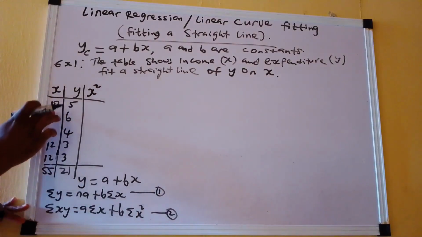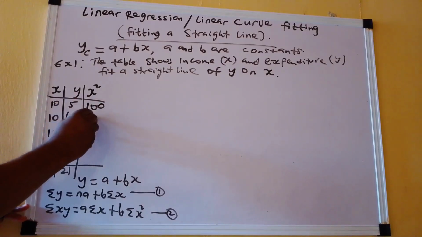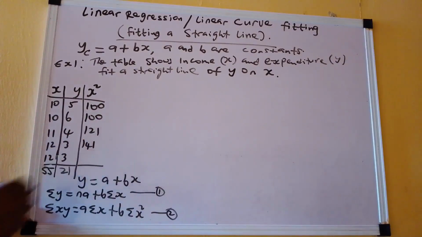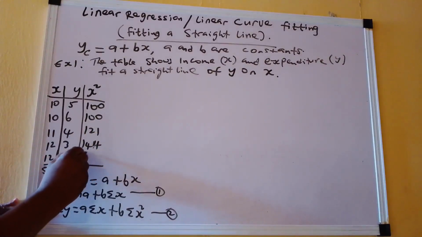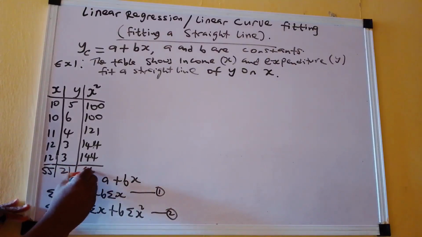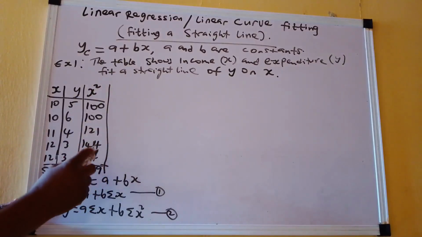The first value of x is 10, and 10 square is 100. 10 square is 100. 11 square is 121. 12 square is 144, and 12 square is 144. When you take the sum of that, 100 plus 100 plus 121 plus 144 plus 144, you are going to have 609. Then again, we need another column.